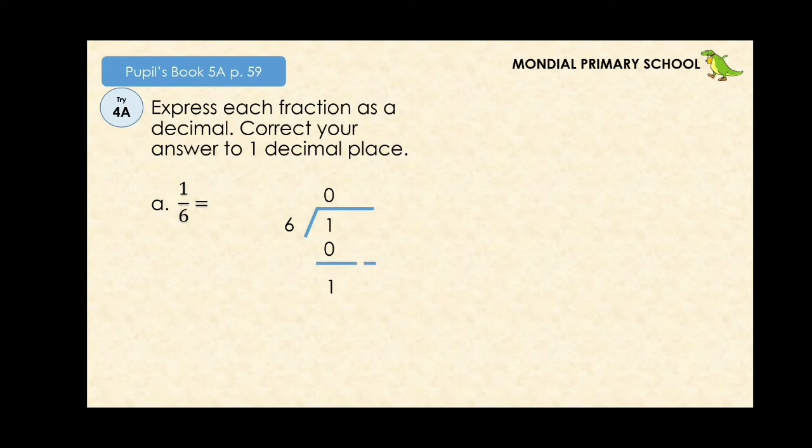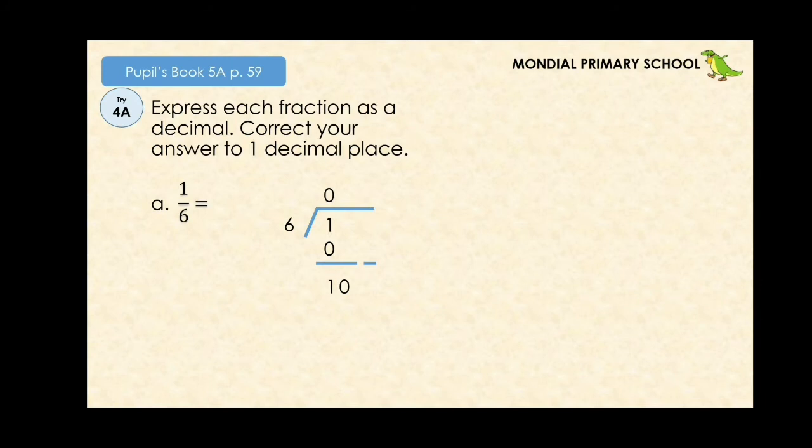Then rename the remainder 1 equals 10 tenths. Step 2. Divide the tenths by 6. 10 tenths divided by 6 equals 1 tenth with the remainder of 4 tenths.